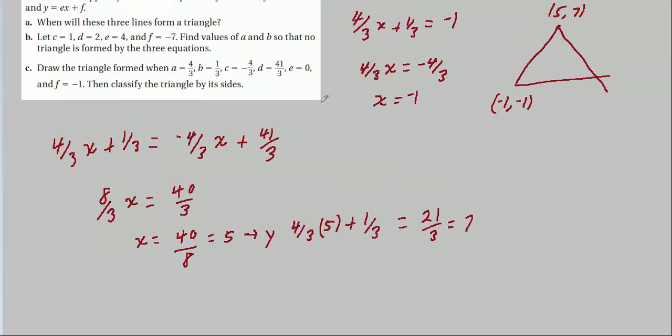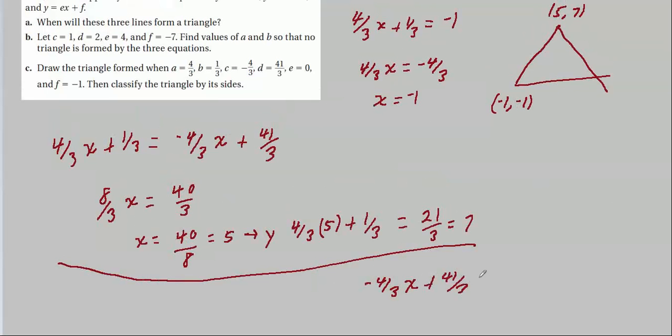This line here with the line y equals minus 1. And let me separate this stuff here so we don't think that we're doing the same thing. This should be minus 4/3 x plus 41 over 3 equals minus 1.